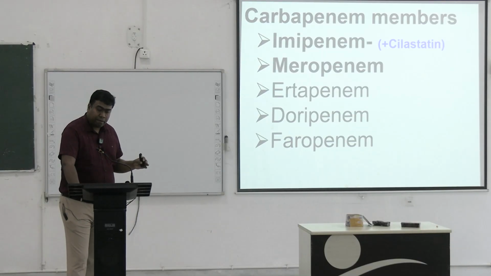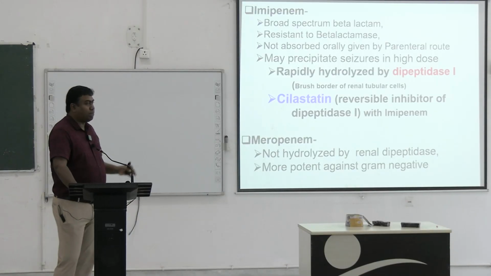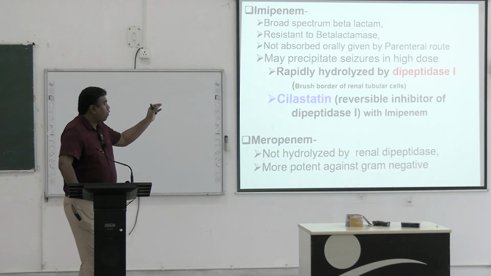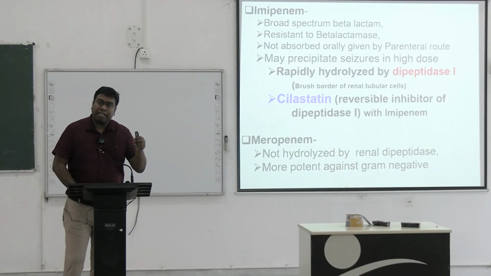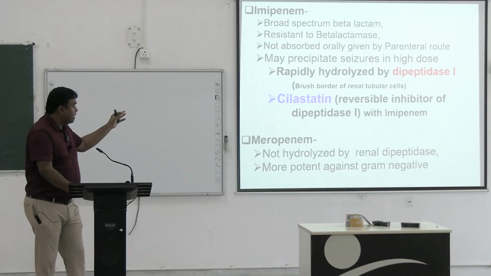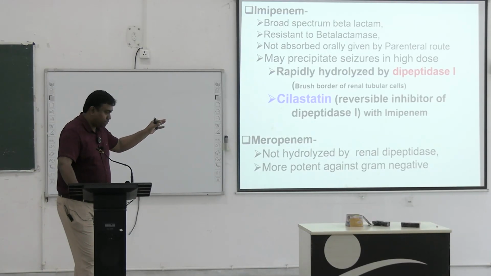Among these, Imipenem is mostly given with cilastatin. Clear? Why? Because Imipenem is destroyed by one enzyme called dipeptidase 1, and this dipeptidase 1 is present in the renal tubule, and cilastatin irreversibly inhibits this dipeptidase.